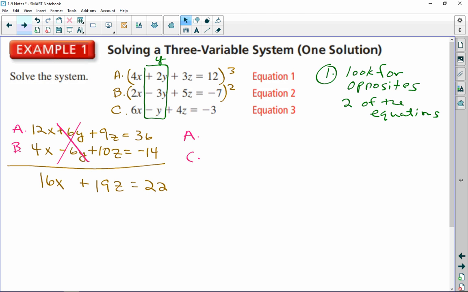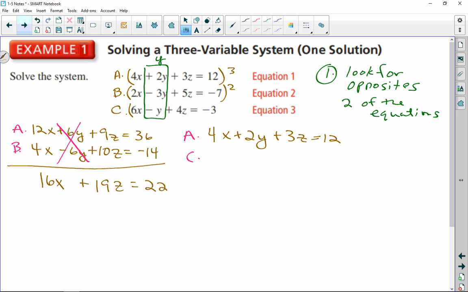Now, which variable am I eliminating? The y. I still have to eliminate the y, don't I? Yes? You guys with me? Okay, so do I need to modify A, or does it stay the same? It's going to stay the same. Which one do I need to modify though?